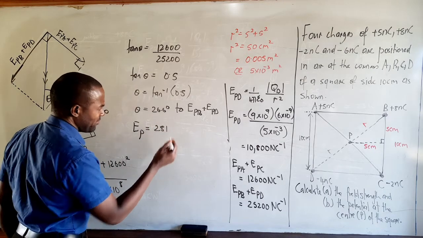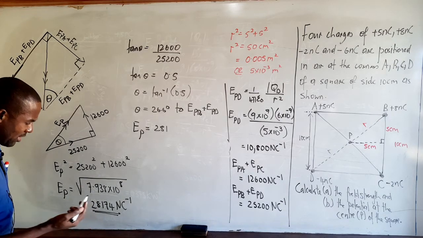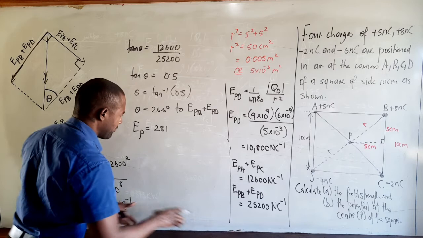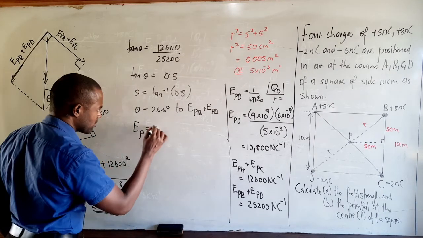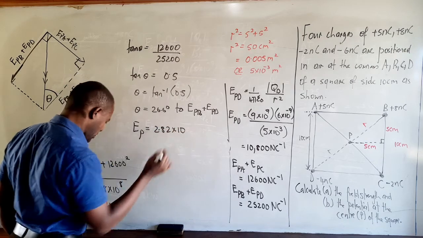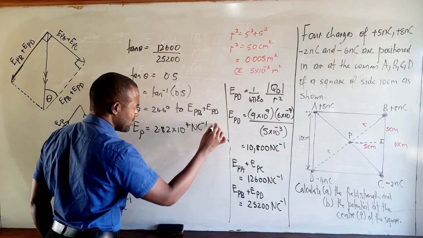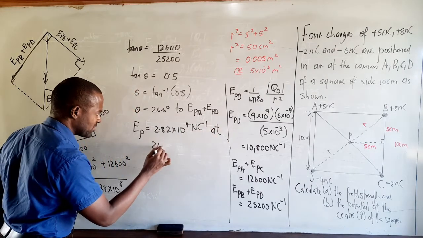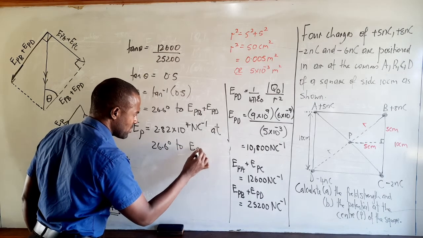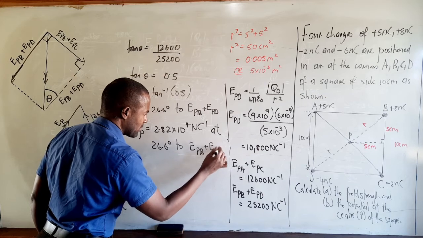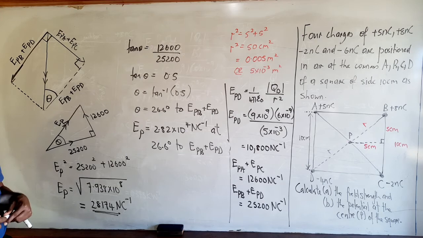I mean, yeah, we could leave it like this, but if you want to round it down to a certain number of significant figures, or even, let's say, put it in standard form and to 3 significant figures, this would be 2.82 times 10 to the 4 newtons per coulomb at 26.6 degrees to, we could say, EPB plus EPD. And that right there is the magnitude and direction of our resultant field strength.